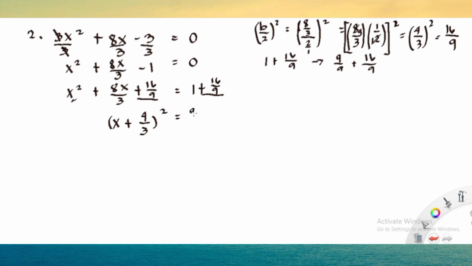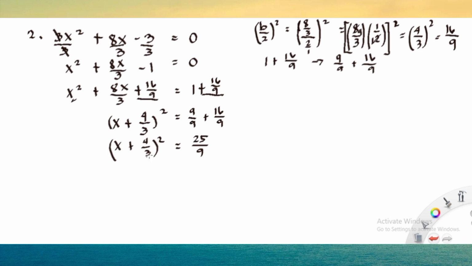So, this will become 9 over 9 plus 16 over 9. Ayan. So, we're gonna have x plus 4/3, the square of this binomial, equals 9 plus 16, which is 25 over 9. Okay, just add the numerators, 25, and then copy the denominator.